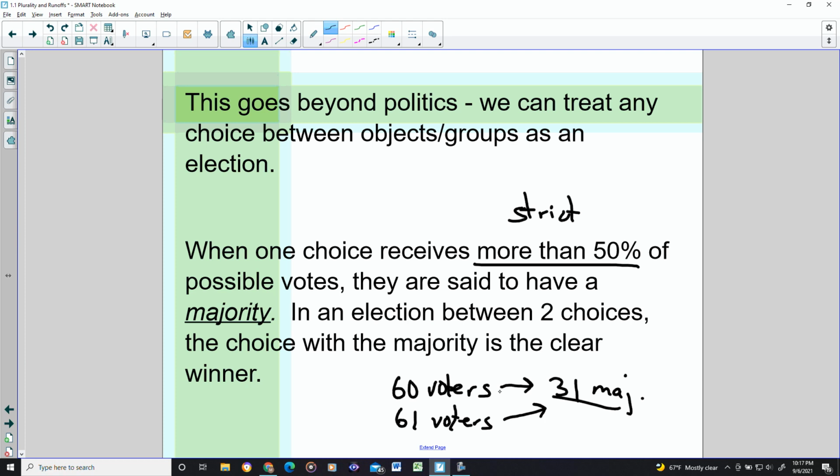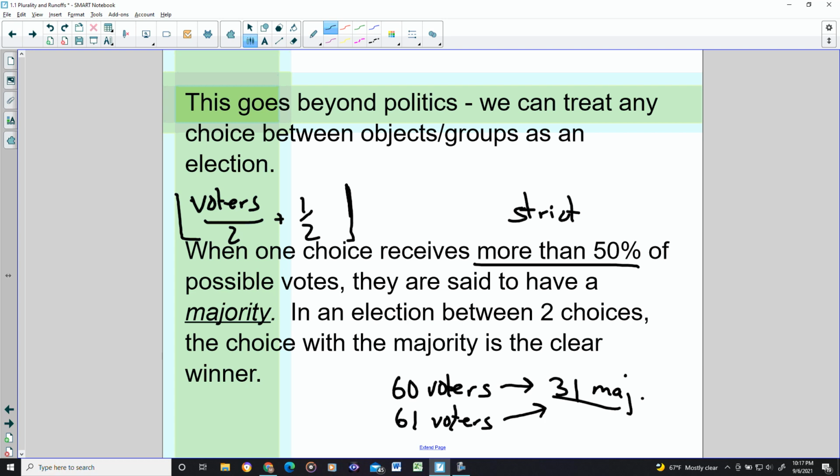An easy way to think about it: there actually is a formula for majority, and that formula looks like this. If you have the total number of voters, you divide by 2, and you add 1/2, and then you round down.